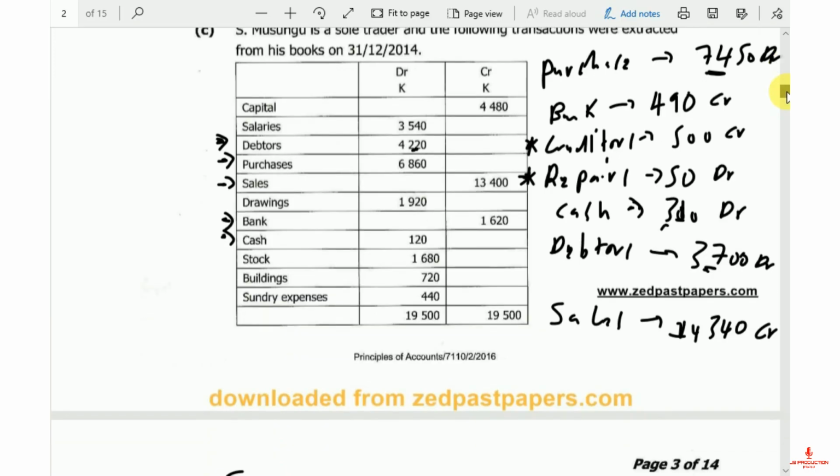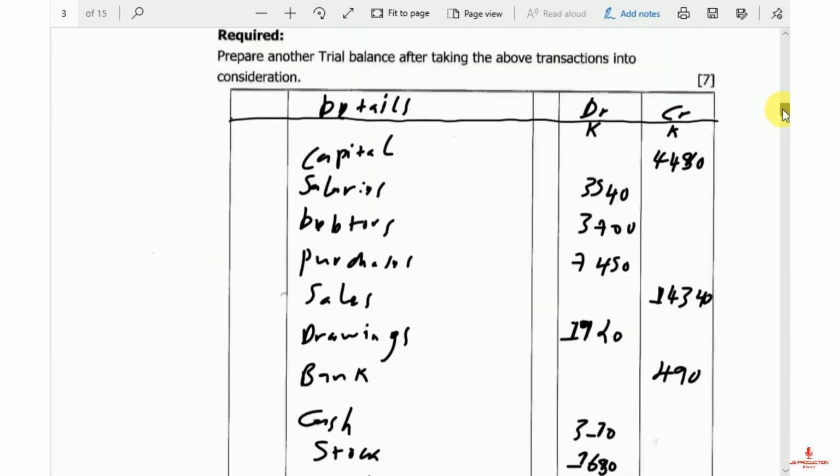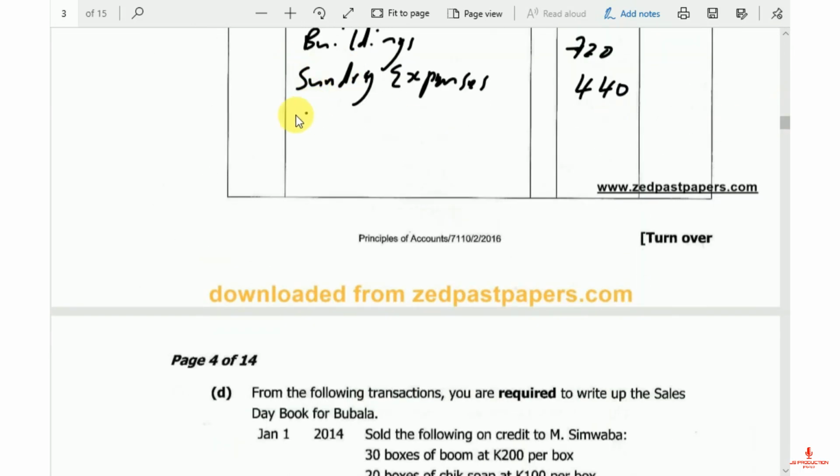So creditors of 500, and that had a credit balance, and repairs of 50, and that had a debit balance.